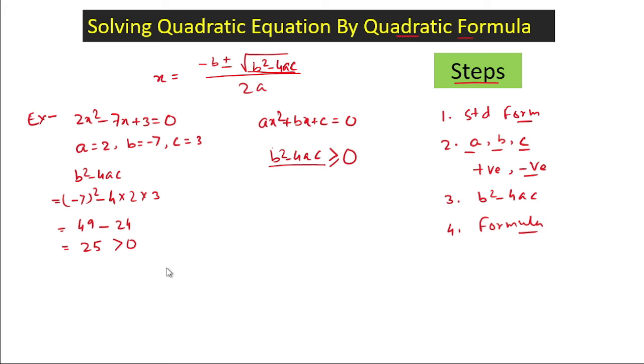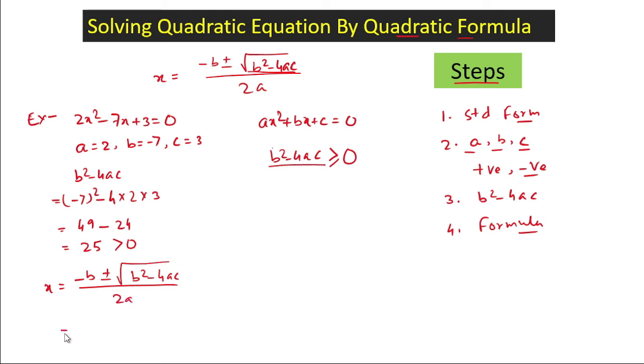We know the formula of the quadratic equation is x equals minus b plus or minus the square root of b square minus 4ac, divided by 2a.